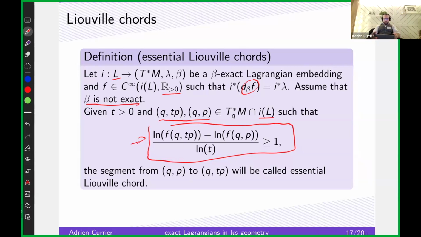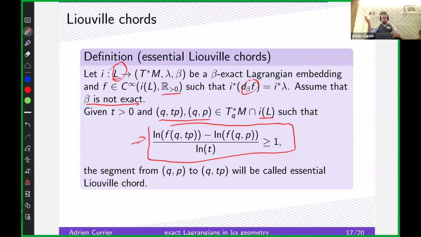The story with this stems from the proof of this, in which you build a new dual form for which your beta exact Lagrangian is going to be actually a zero exact Lagrangian for this new dual form, and then you apply Moser's trick to get an exact Lagrangian for the canonical dual form.